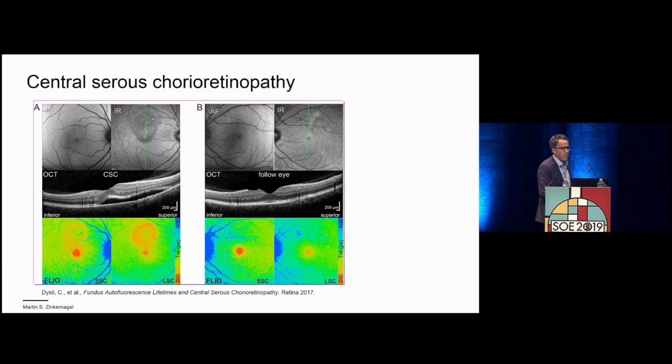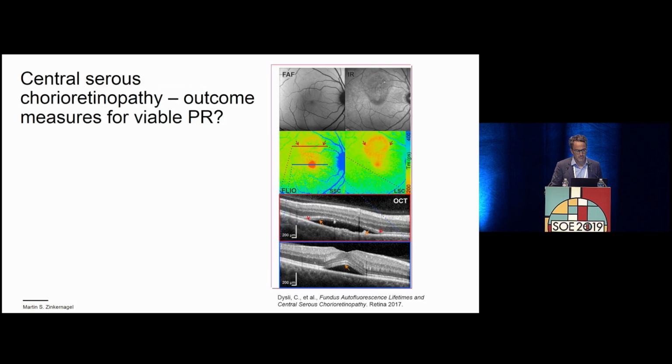And you may wonder whether there has been an increase in macular pigment because the red color seems to spread into the area of this subretinal fluid. If you compare it over here, there's no subretinal fluid, and this reddish short lifetime area is quite well contained to the fovea, whereas here you have this blob of short lifetimes.